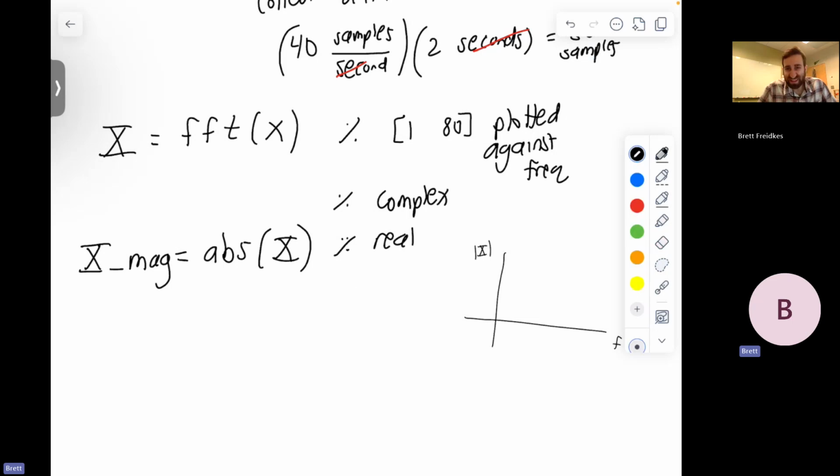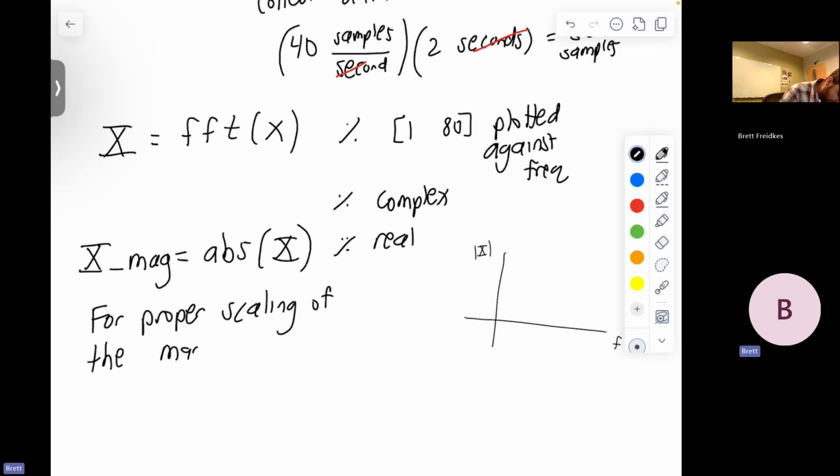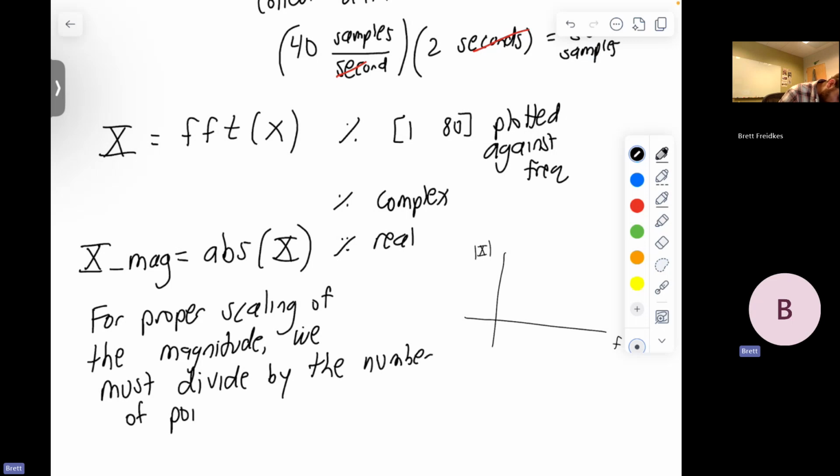Now, an important thing to note that's a little bit different compared to what we would expect is that when we're doing this algorithm, for proper scaling of the magnitude or the amplitude, we must divide by the number of points.